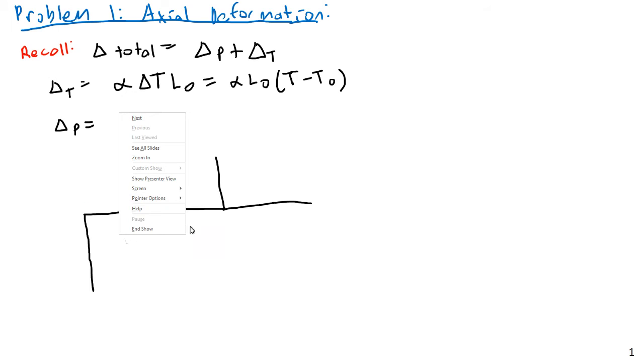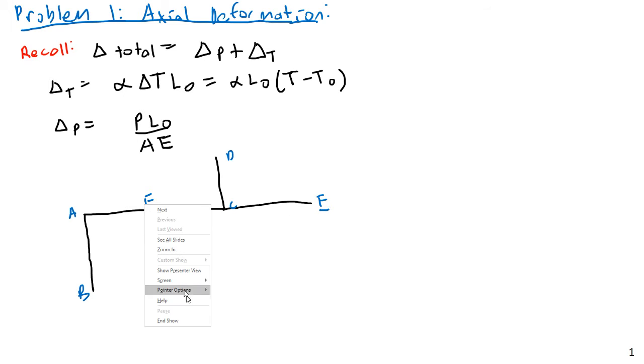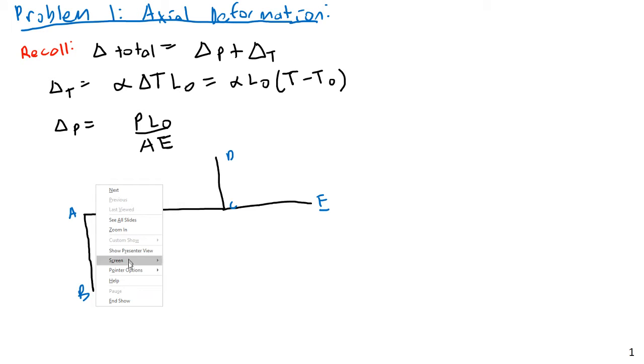Let's say I have points A, B, F, D, C, and E. Each of these is going to have a certain support. So I'm going to have some supports here, and let us say I have some supports here.